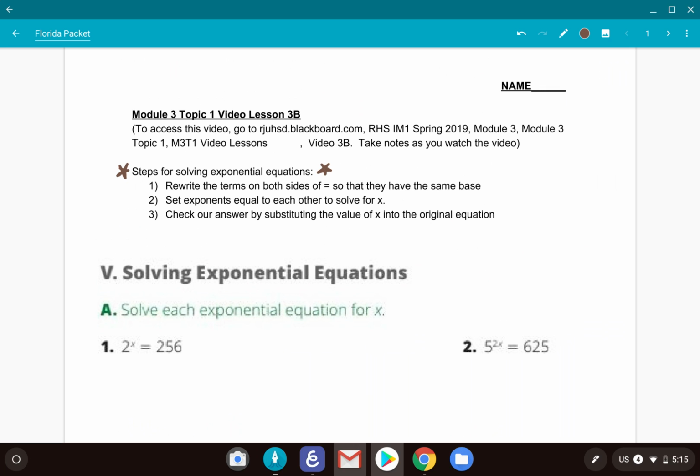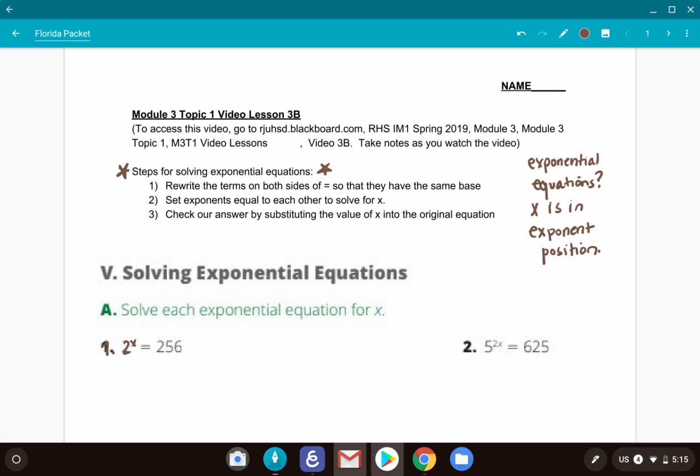First of all, how do you know that it's an exponential equation? They have an x in the exponent position. So that's like number 1 here.